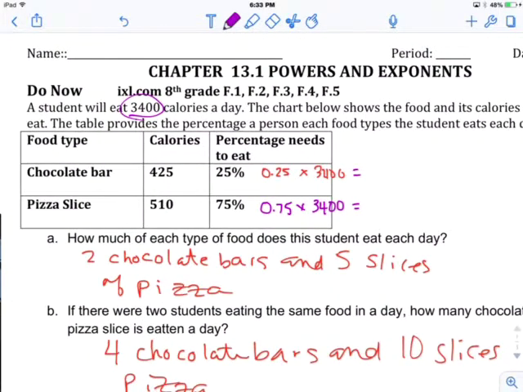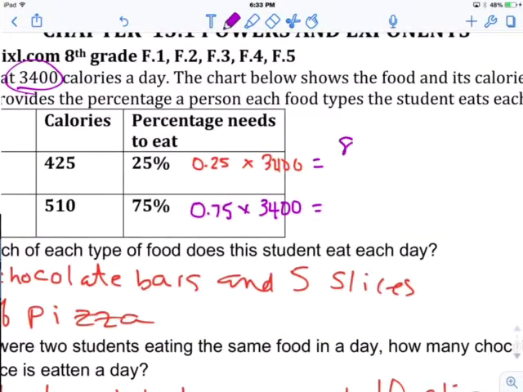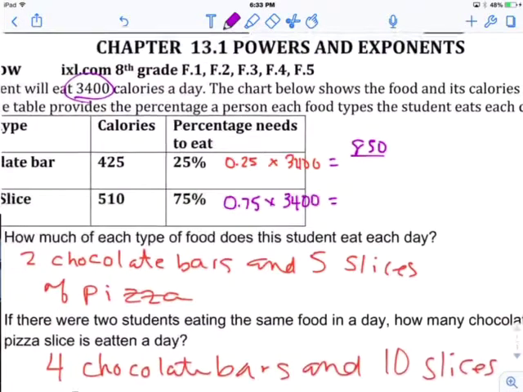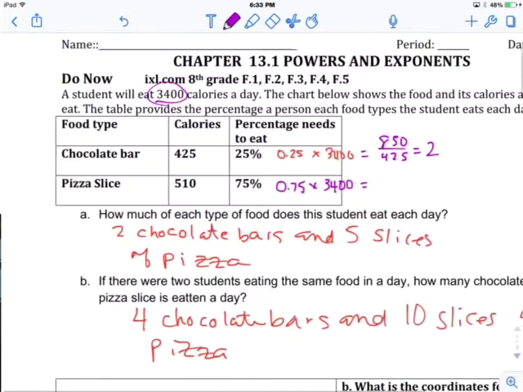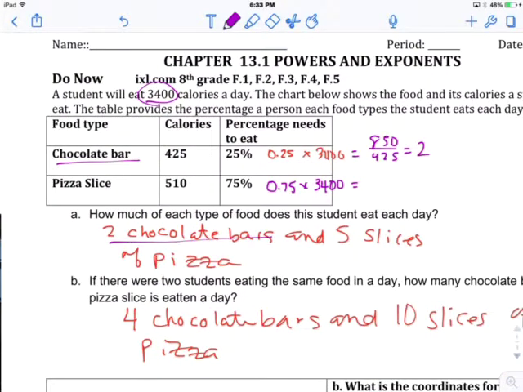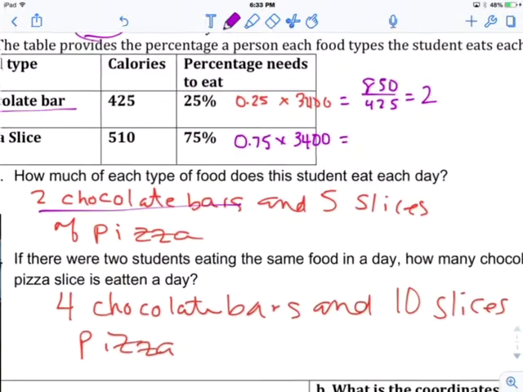Then divided by the calories of each serving for each one on the chart. So if you multiply the first one, you get 850 divided by 425, which you get two chocolate bars.